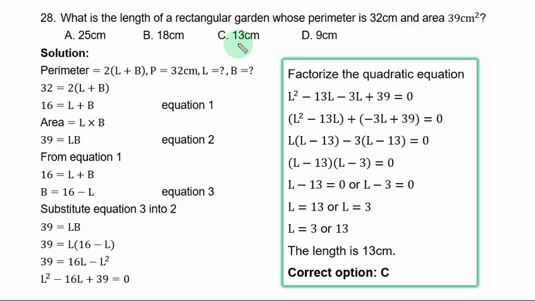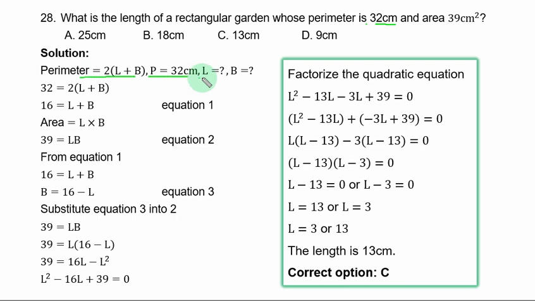Question 28. What is the length of a rectangular garden whose perimeter is 32 cm and area is 39 square centimeters? Solution. Perimeter of the rectangle is this, and the perimeter is 32 cm.